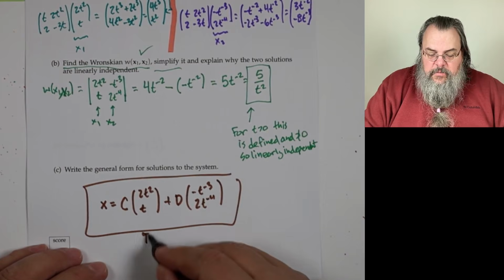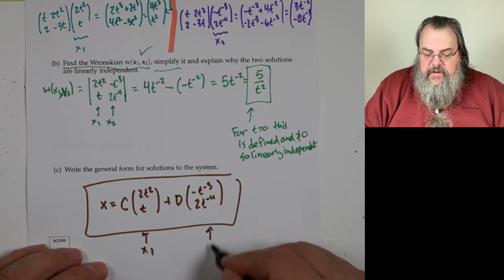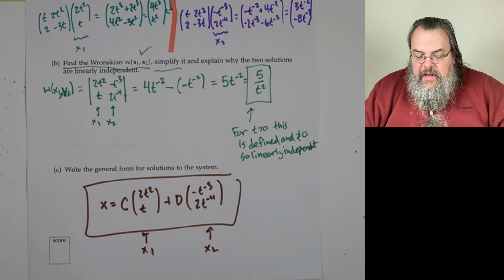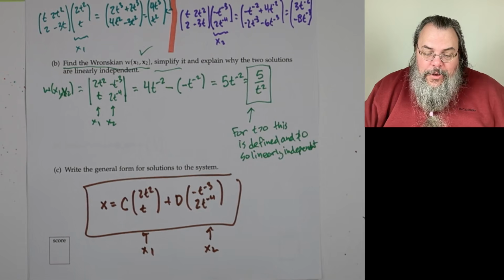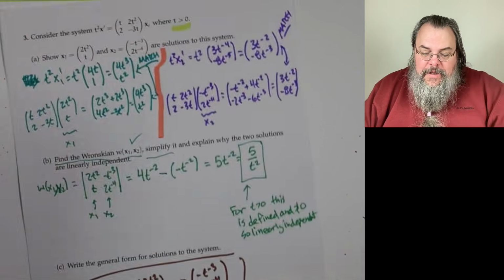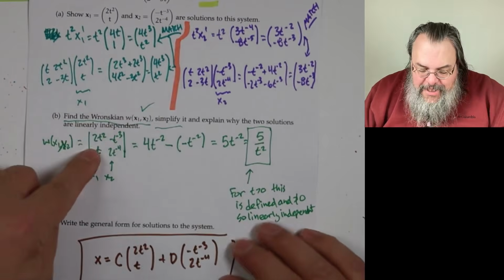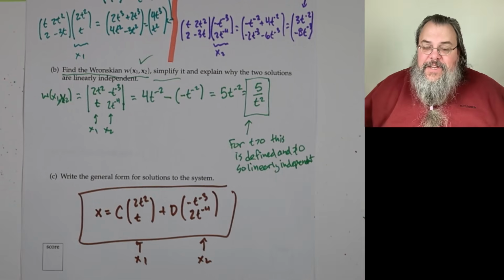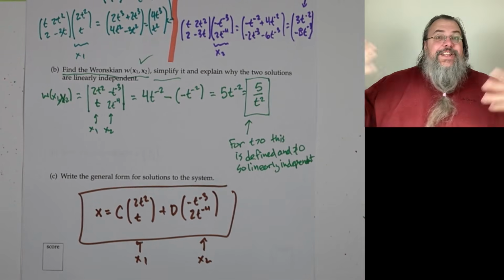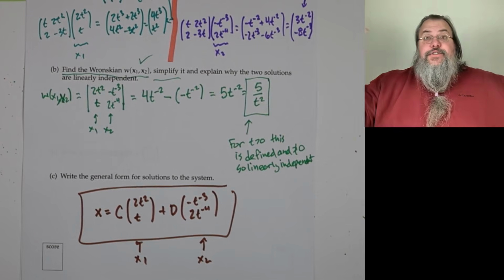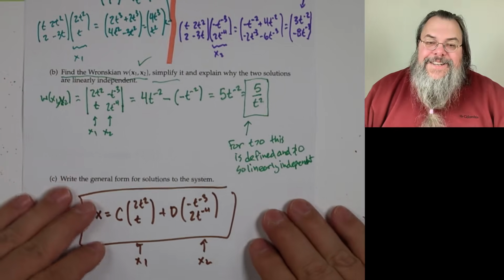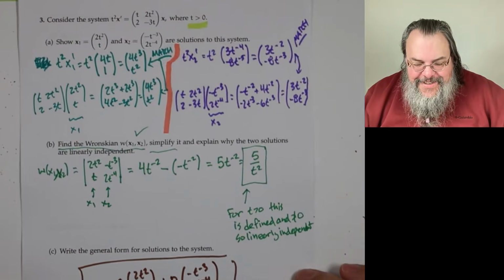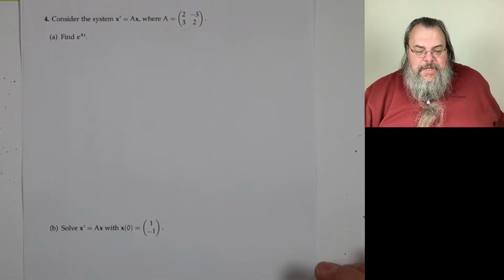So here's your x1 and here's your x2. So that's the kind of question we like. Even if we got A wrong, even if we got B wrong, we're still going to get C, right? Because it says, hey, you gave me x1, x2, superposition, and I'm just feeling super, right? Yes, yes. Okay, let's keep moving.